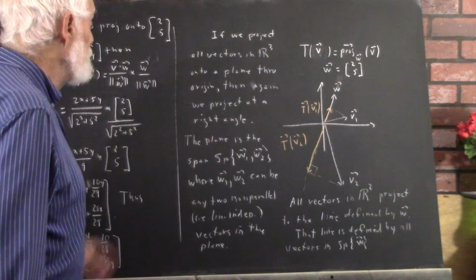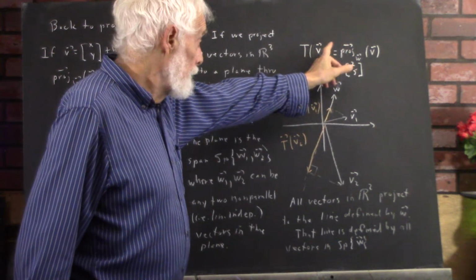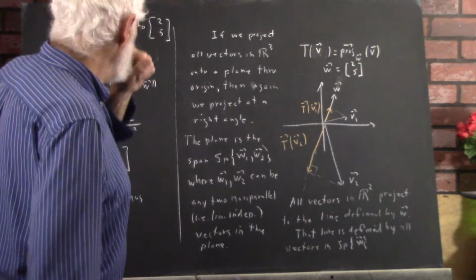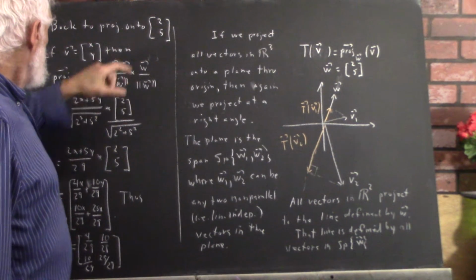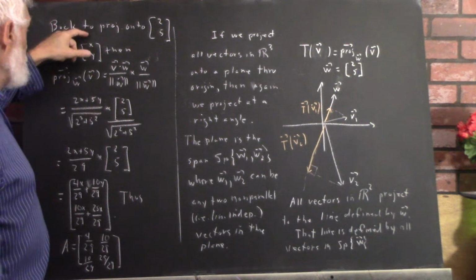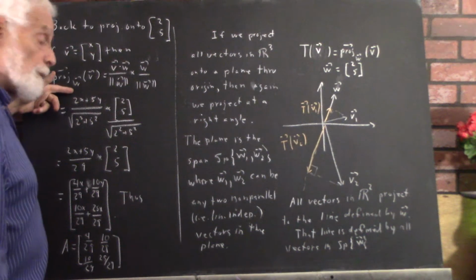Okay, now back to the whole idea of defining a linear transformation by projection onto this vector w. We're projecting onto the vector (2, 5). So if v equals (x, y), what's the projection of v onto w?